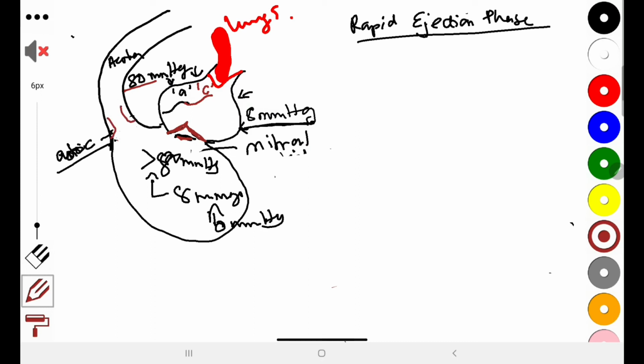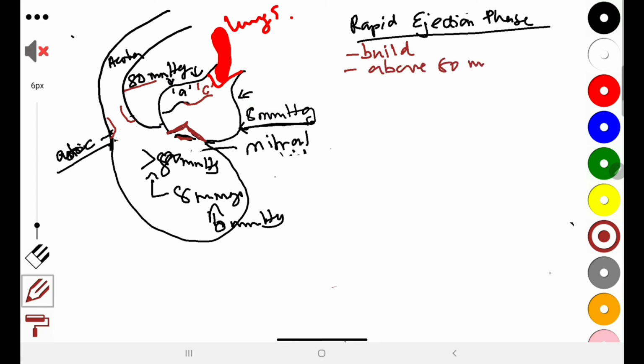All right. So because we have opened our aortic valve, remember that all this time we had pressure that was building up. There was a build-up of pressure because of the isovolumetric contraction. And then this build-up of pressure went above 80.